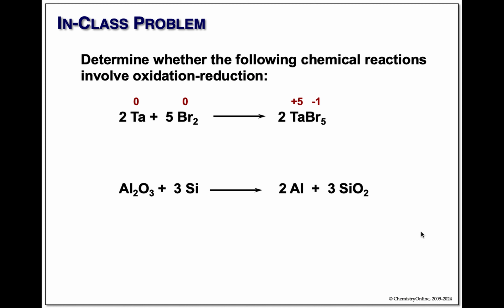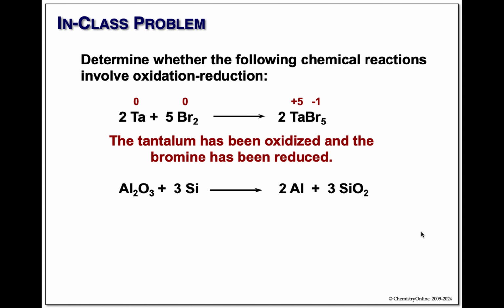Bromine is a halogen, it's -1, making the tantalum a +5. Who has been oxidized, who has been reduced? Let's just do oxidized. Who was oxidized here? Tantalum went from 0 to +5. To do that, it had to lose 5 electrons, right? That makes the bromine reduced.